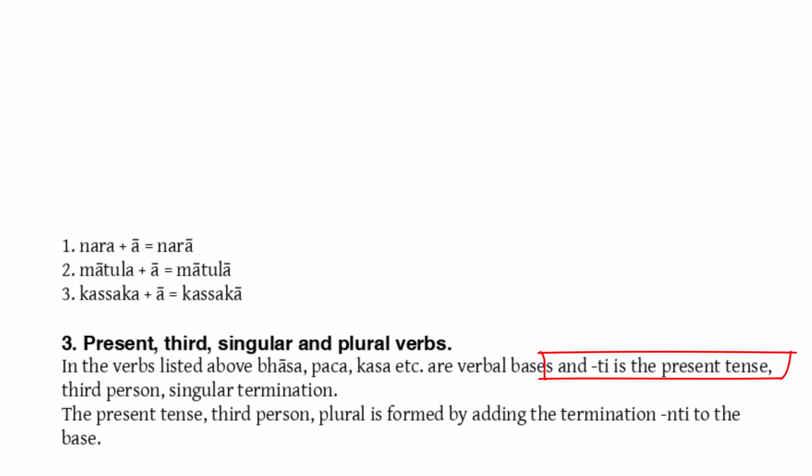Basati, he speaks. Pachati, he cooks. Kasati, he plows. Now the plural, we use the anti form. Basanti, they speak. Pachanti, they cook. Kasanti, they plow.